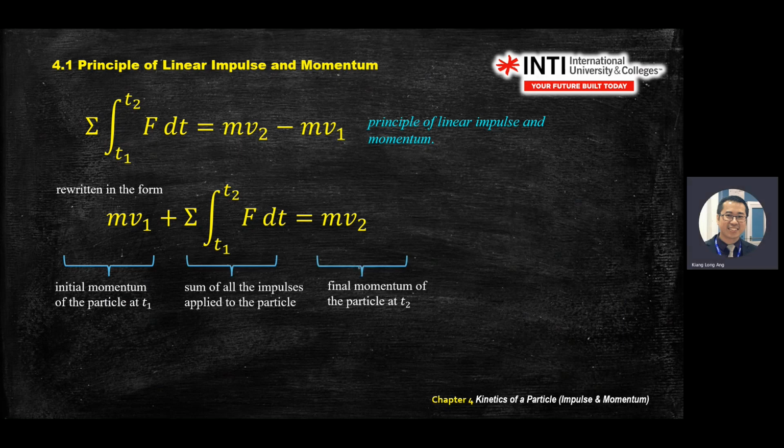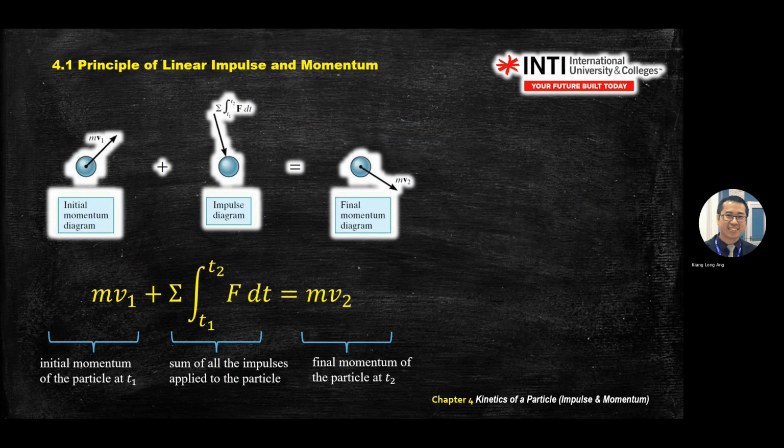So again, what is momentum? Momentum is mv, impulse is Ft. Ft gives you impulse, mv gives you momentum. So you can draw diagrams before and after. For example, on the left-hand side, mv1 is the particle with mass and velocity 1 pointing this way. You just assume that it's going that way. It's called the initial momentum.